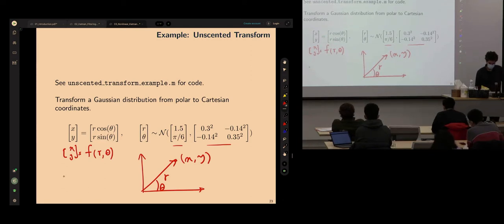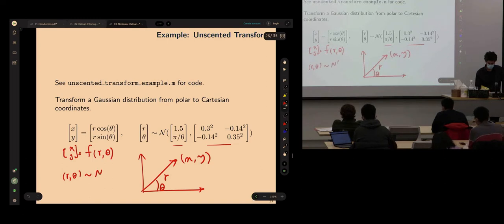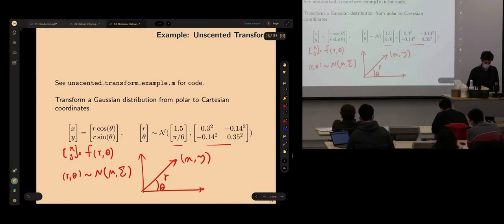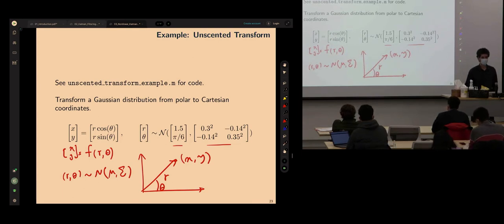And this r and theta are distributed according to the mean and covariance that you see here. So I want to propagate this distribution from one coordinate system to another coordinate system. However, there is an uncertainty that I need to map.